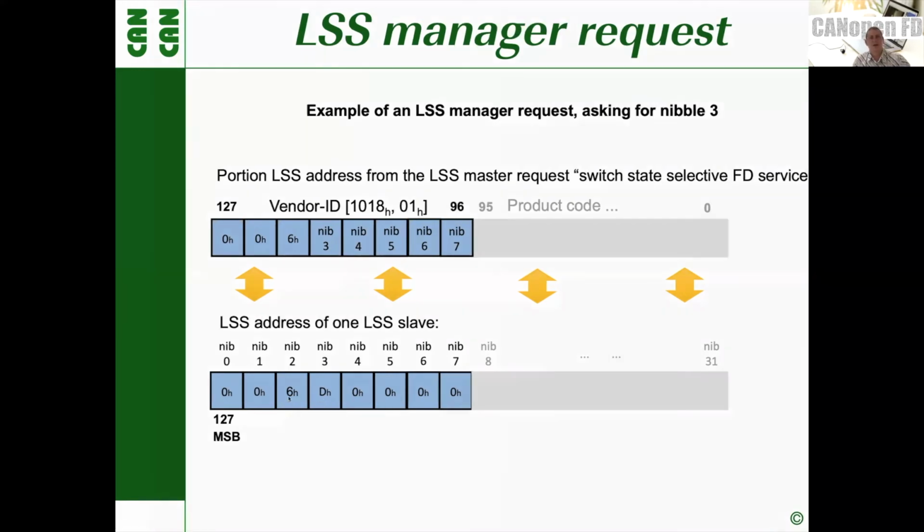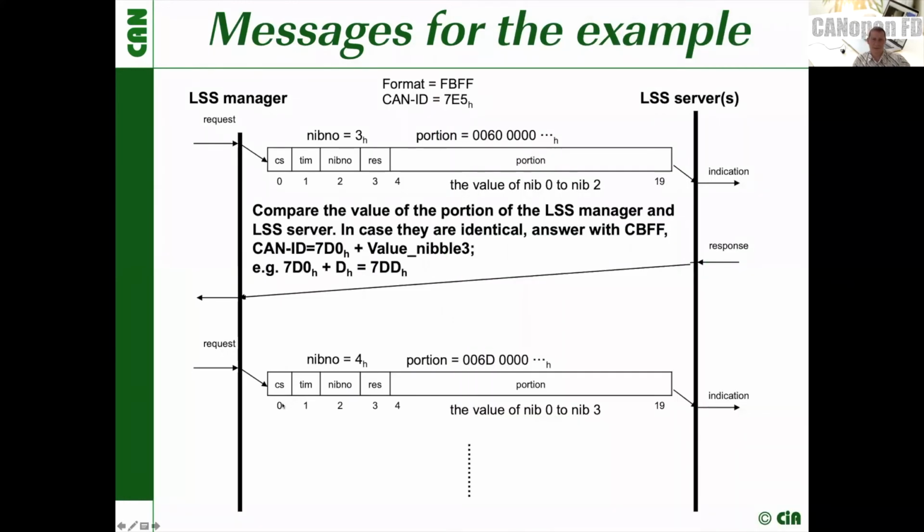And by using the protocol as explained on the last slide, the request from my manager and all the servers analyze, and if the first nibbles match, then I provide the answer 7D0 plus the D, and I answer with this CAN identifier. Therefore, by analyzing the CAN identifiers of the responses, the manager knows where my devices reside.